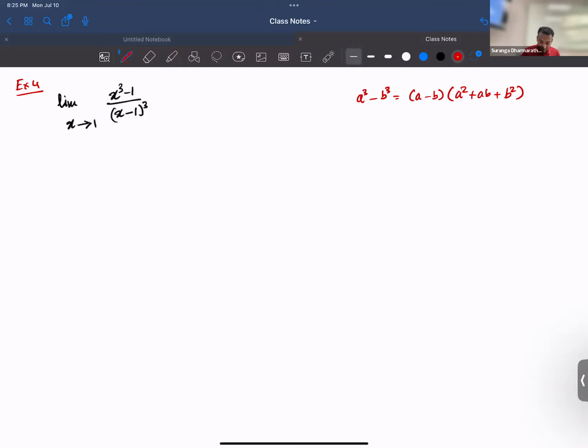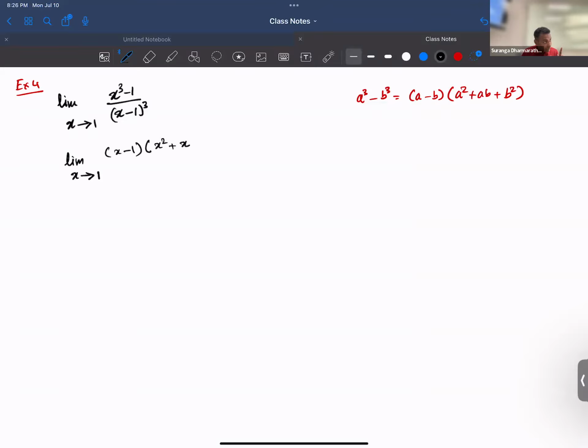So then we can write limit x goes to, I'm sorry, let's go to 1, x minus 1, and then I can write x squared plus what is a plus b? A times b here is x, right?